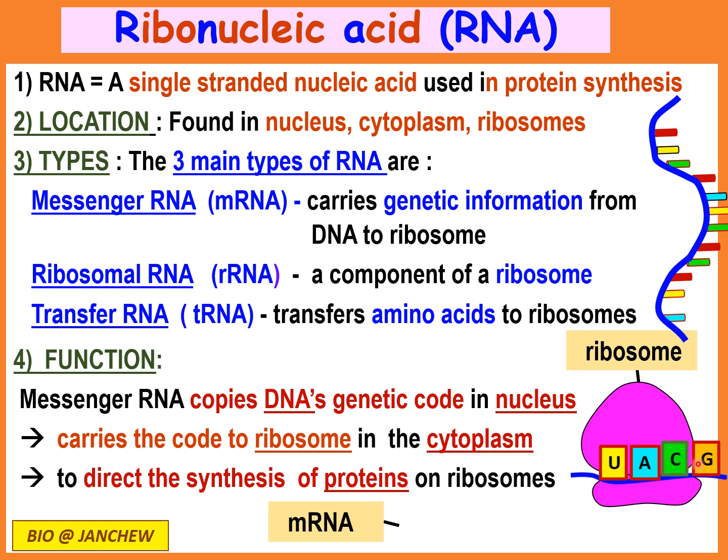By reading the code, it will determine the types of amino acids that have to be joined together to form the protein, because there are many different types of amino acids that are used to synthesize the proteins.